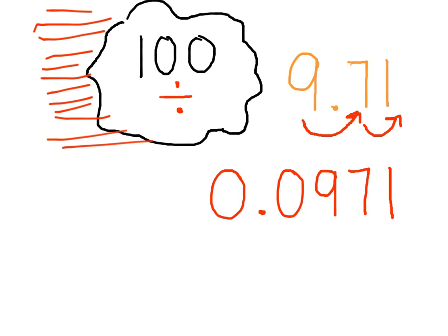So when we take 9.71 or 9 and 71 hundredths and we divide it by 100, we know that when the 100 comet hits into it, it smacks everything over 2 place value spots to the right, and everything, when it shifts, gives us 0.0971.